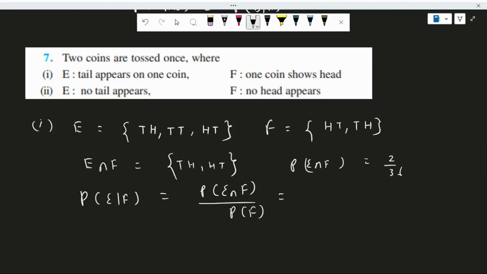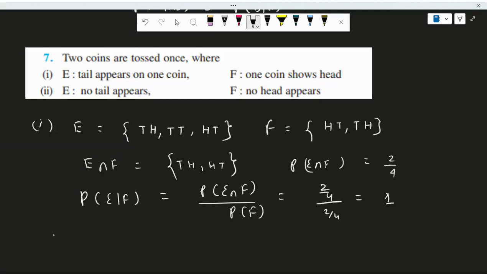How did we get it? If you toss 2 coins at a time, you will have 4 outcomes. It's not dice, it's coin. So 2 over 4 divided by P(F). P(F) is also 2 over 4. That comes to 1.